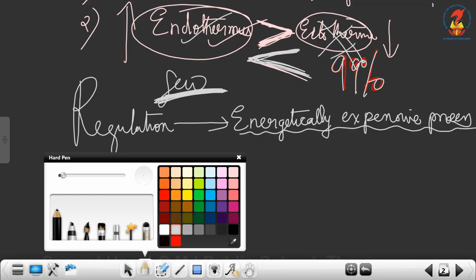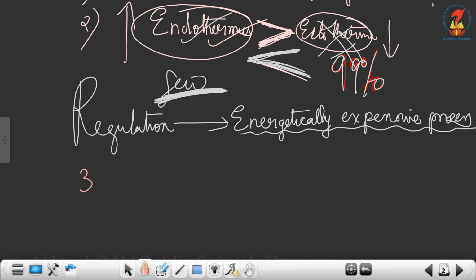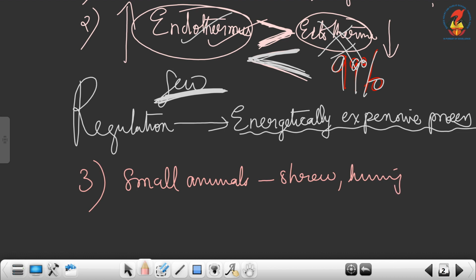And a third why. The third why is, why are small animals, mainly the shrew and hummingbird, absent in the polar regions? They are not found in the polar regions. Why?